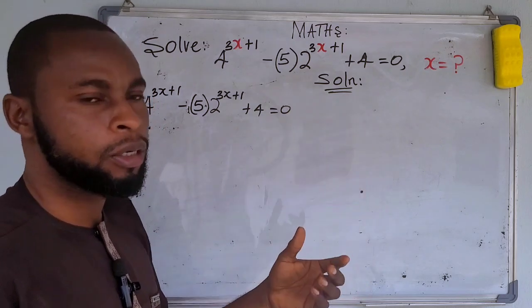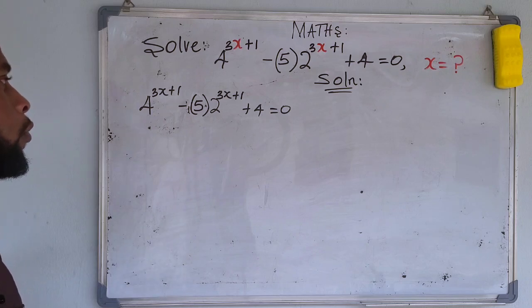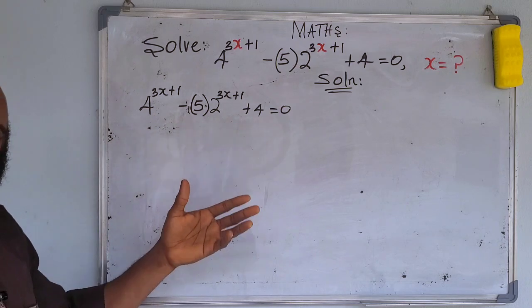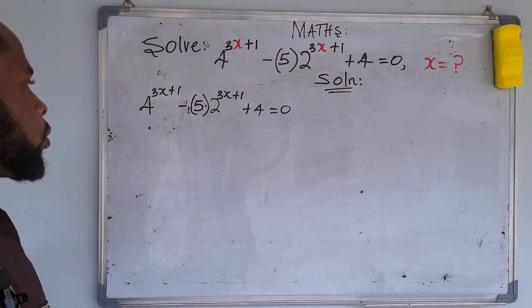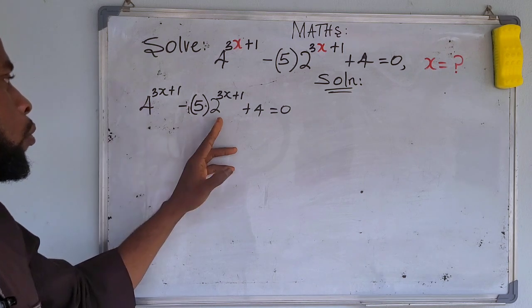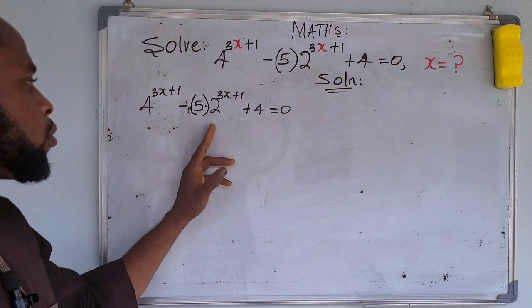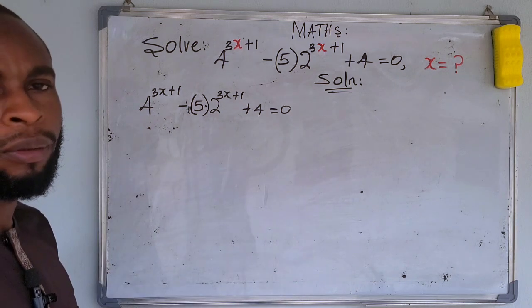Now to put down the solution, I've come down here with the question. The first step to consider is for us to express base 4 in base 2, because this is already in base 2, and we are going to convert this to a quadratic equation.